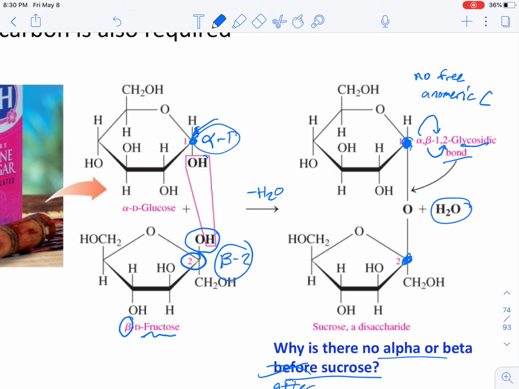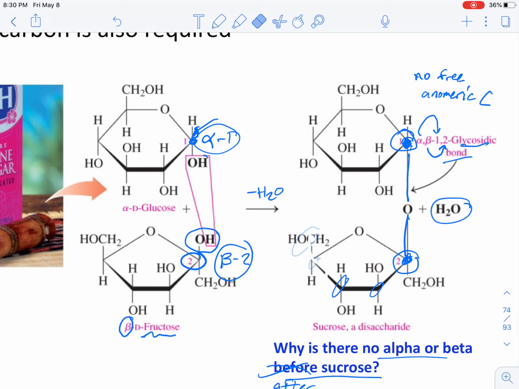Both of these anomeric carbons are being used to form only one glycosidic bond, and none of the other carbons have the right chemistry, so to speak, to react with another sugar molecule.